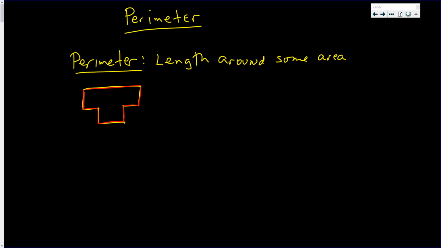Maybe you have a room that's in this shape, and you want to put molding around the perimeter. And then you go to the store and they're going to ask you, okay, how much do you need?